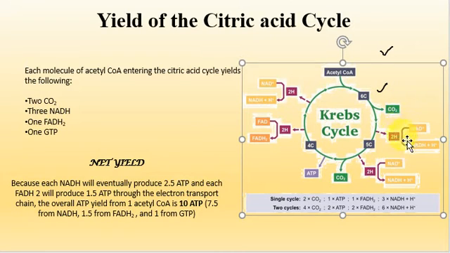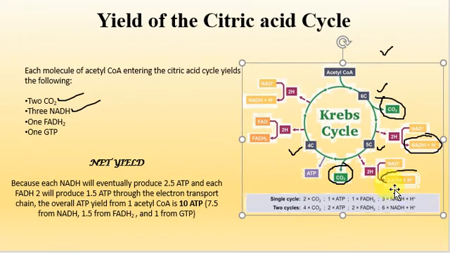It is 6 carbon, CO2 liberated, then 5 carbon, and then 4 carbon. So each molecule of acetyl coenzyme A entering the citric acid cycle yields 2 CO2, 3 NADH, 1 FADH2, and 1 GTP.